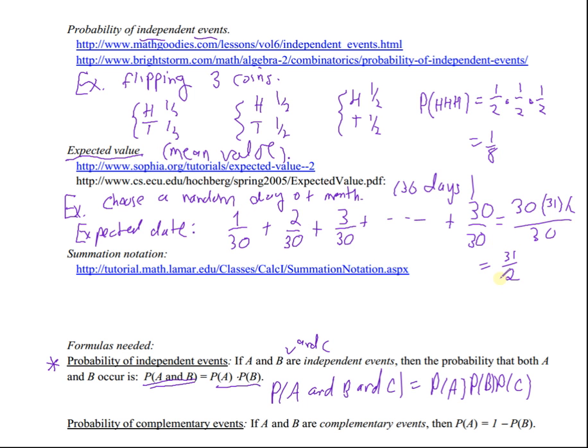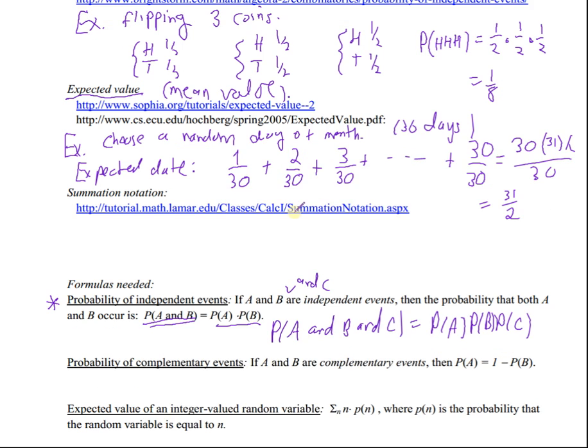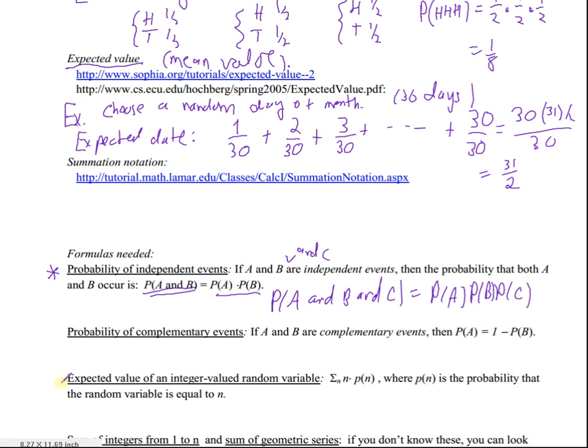But what I've done is I've taken each outcome and multiplied by its probability and summed the results together. That reflects the formula that is given down here. The expected value of an integer valued random variable is the sum of the possible outcomes times the probability of each outcome.